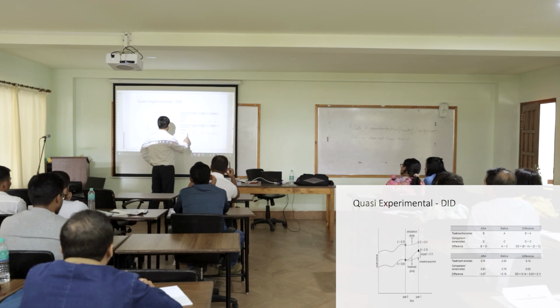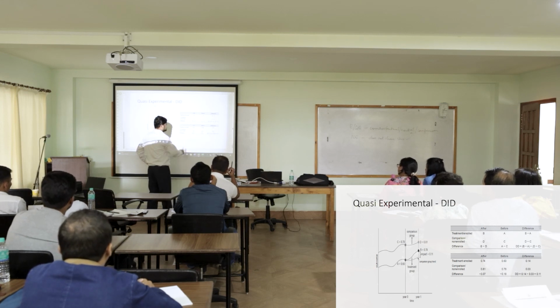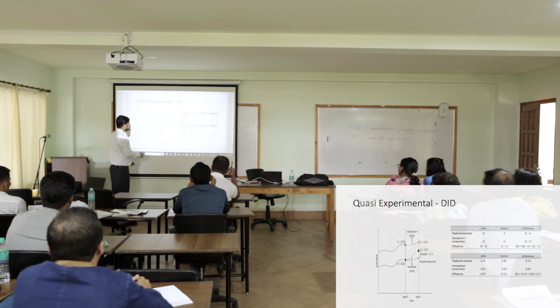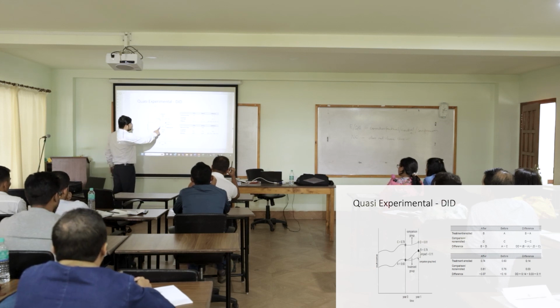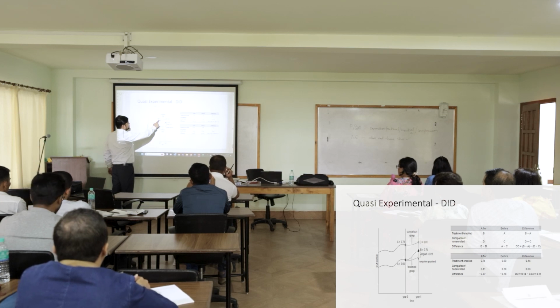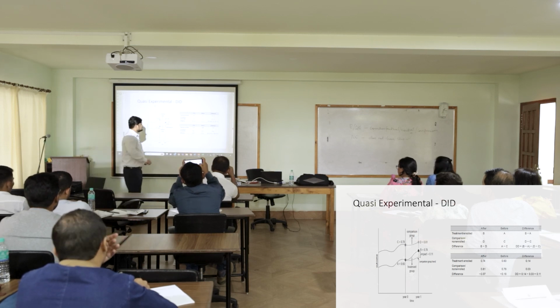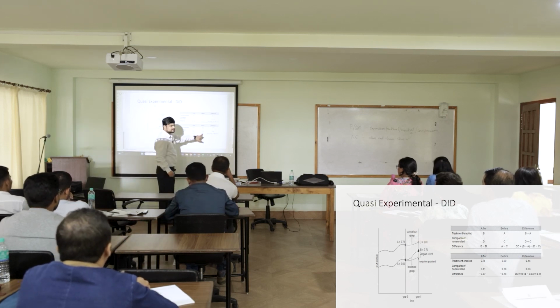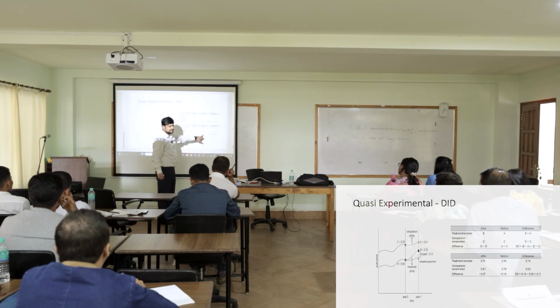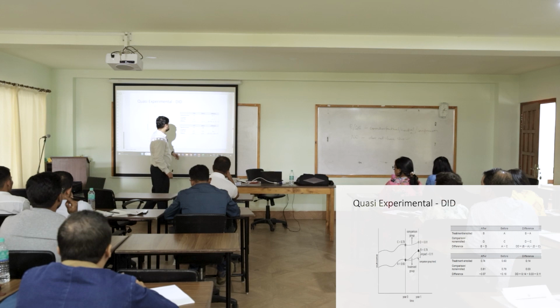Now if you look at the comparison, it was 78%, 0.78. Okay, 60% was the situation for the treatment, 78% was the situation for the control. If you do a difference, it is minus 0.18, an 18 percentage point difference, right?